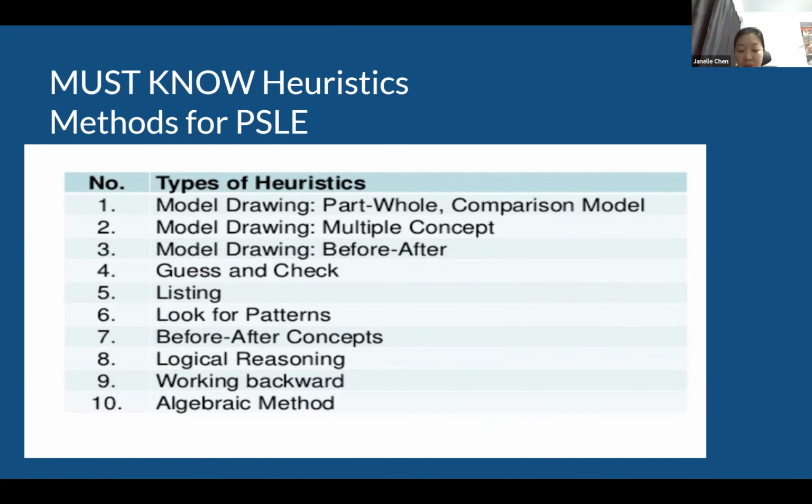Before and after questions are things like, let's say A gives B $20, and after giving B $20, A has an equal amount as B. At first, A has 1/4 of B, something like that. Those kinds of questions you need to do with a model.